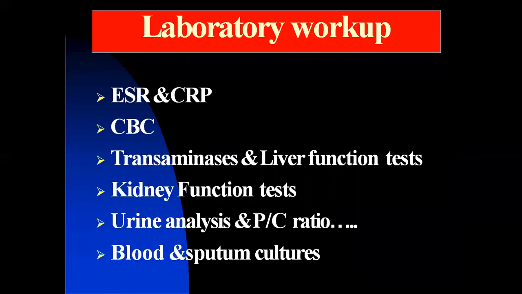Then the laboratory workup. What we can have is ESR, erythrocyte sedimentation rate, CRP, that is C-reactive protein, CBC, transaminase and liver function tests, kidney function test, urine analysis, and blood and sputum culture may also be studied.